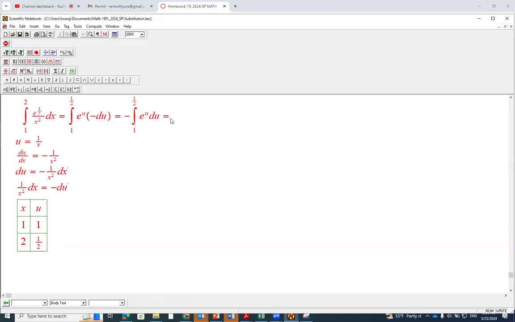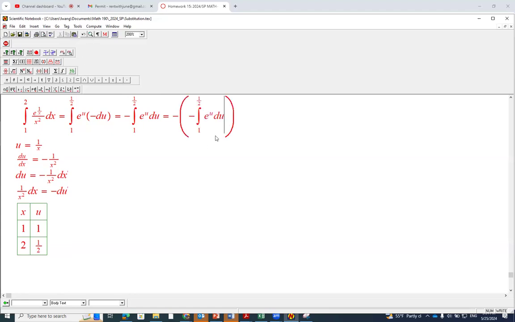Switching the interval generates another negative sign, so negative times negative makes positive. So this becomes half at the bottom, and the top is 1. After this switching, the form is easier.